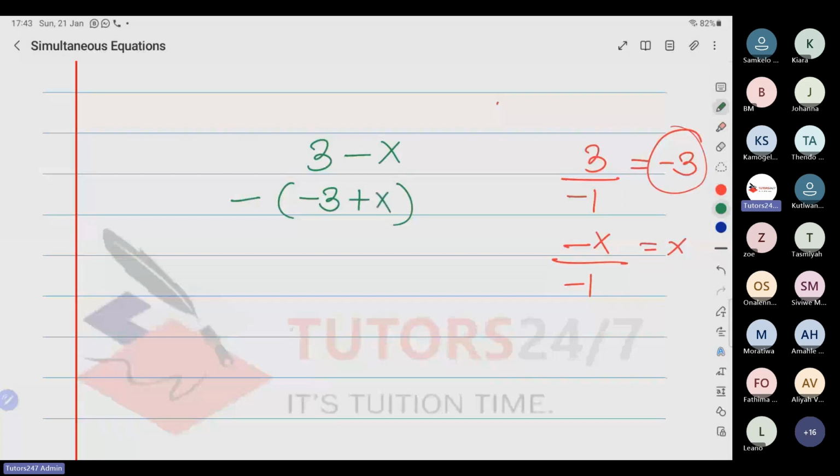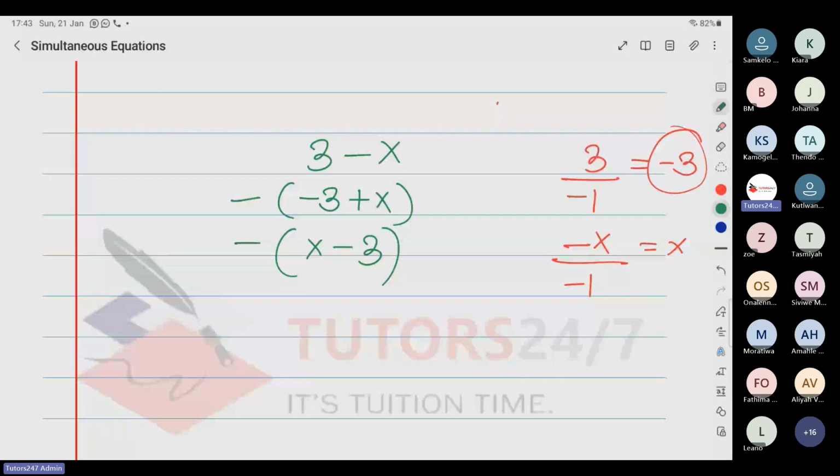Keep in mind, 2 plus 3 is the same thing as 3 plus 2. It doesn't matter which you put first when you're adding. So we can move it around inside of the bracket and have x minus 3. It's the exact same thing. Okay.